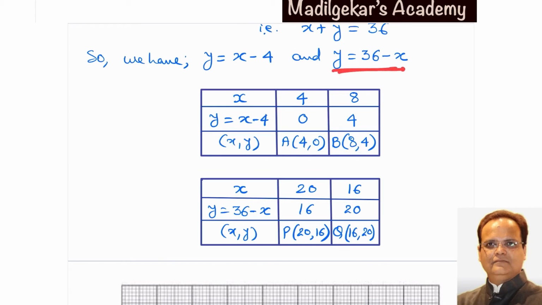From the second equation, y is 36 minus x. Put x equals to 20. The corresponding y value is 16, 36 minus 20. Now put x equals to 16. We get corresponding y value as 20. So here the 2 points are P 20 comma 16 and Q 16 comma 20.